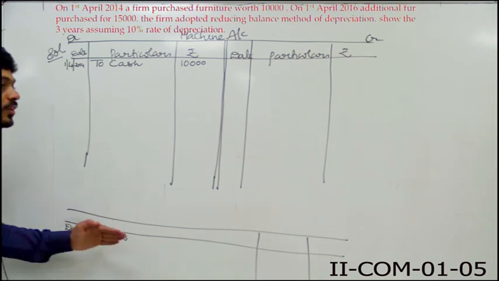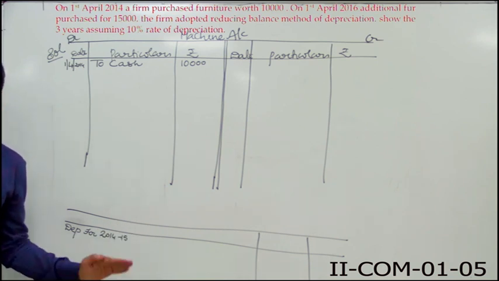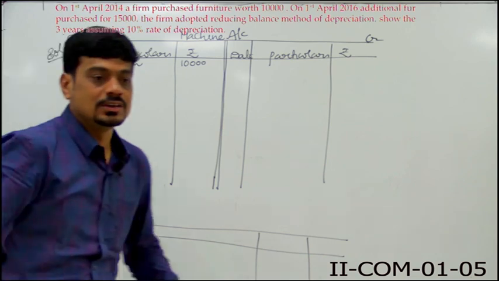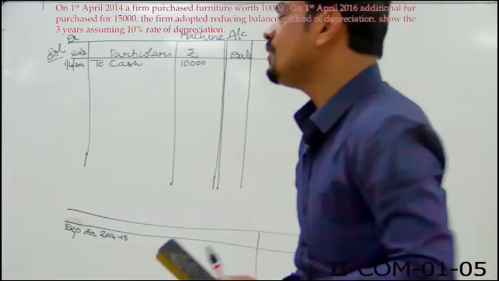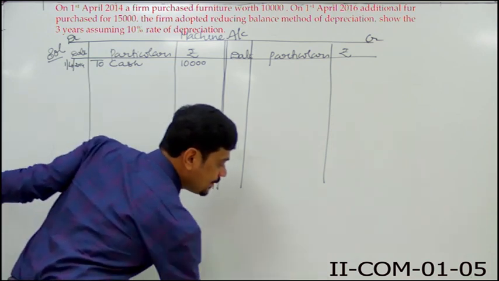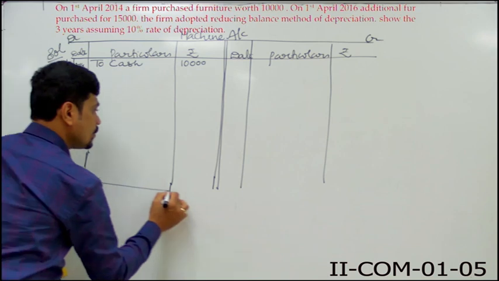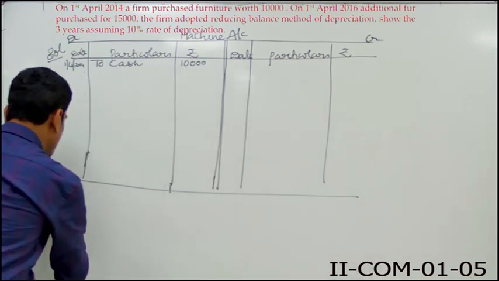Why? Because here the amount of depreciation will change every year. So we are going to write the depreciation separately for each year, in the account and the working.